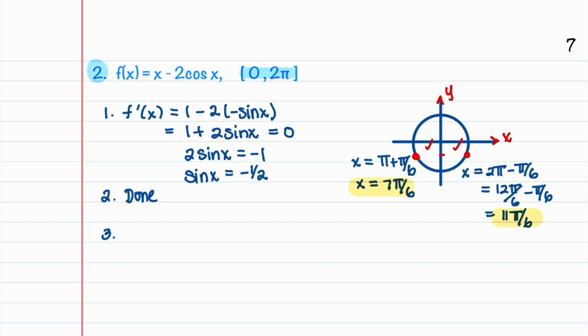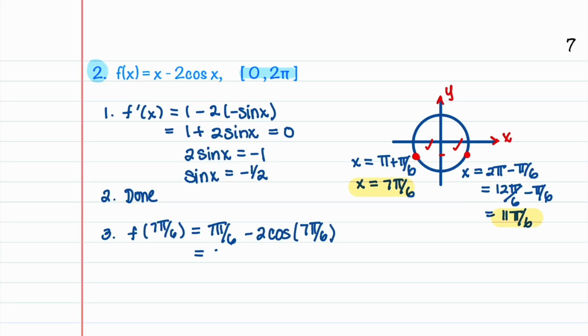Our third step is to compute our function at the critical numbers and the endpoints. So we have 4 points to compute. Let's do the critical numbers first. F at 7 pi over 6 is 7 pi over 6 minus 2 cosine of 7 pi over 6.